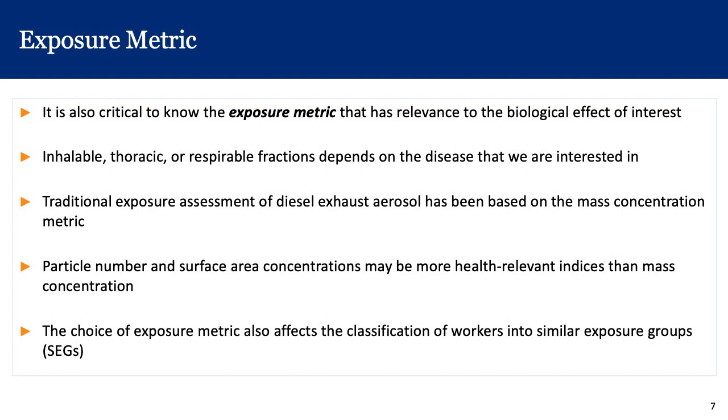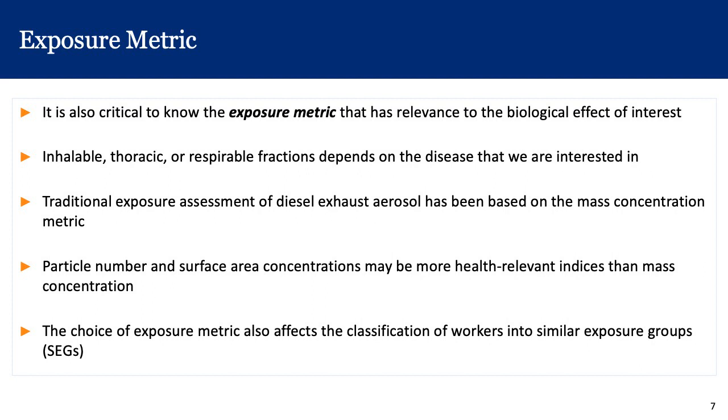You could also have other metrics for measuring airborne particles. So traditionally, for example, diesel exhaust aerosol has been based on the mass concentration. So what is the mass concentration of diesel exhaust that deposits in the alveolar region of the respiratory tract? More recently, other metrics have been proposed, even though they have not really been accepted universally.